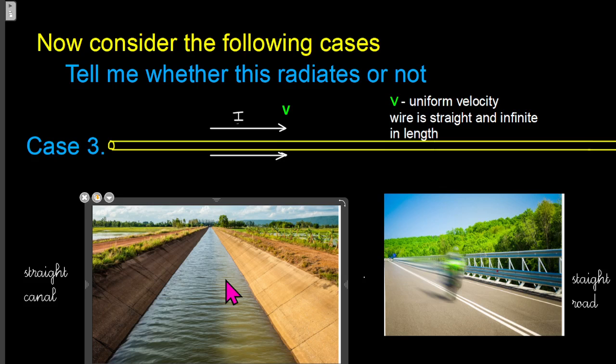So no radiation, no leakage. Here the biker is racing. Here there is no need of applying the brake because it is a very straight road. So no loss of petrol. That can be equated to no radiation.